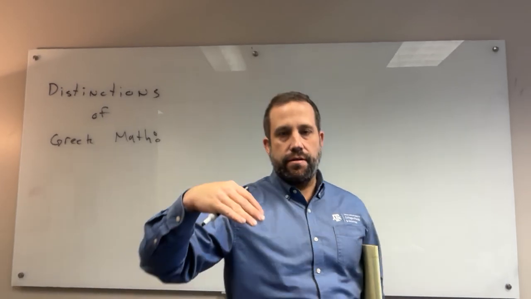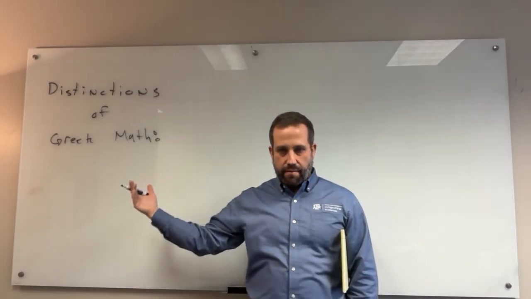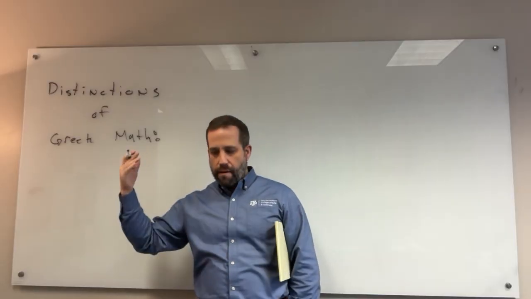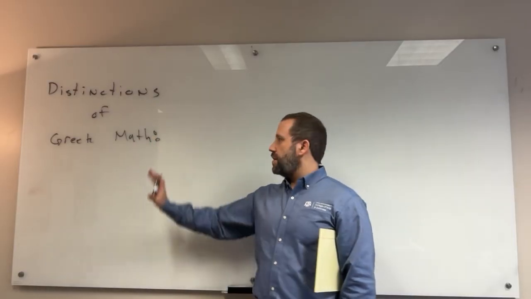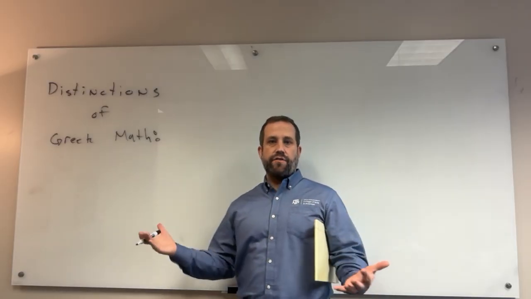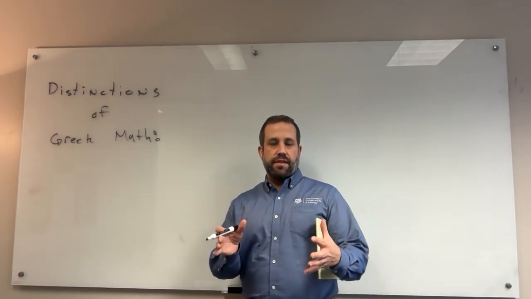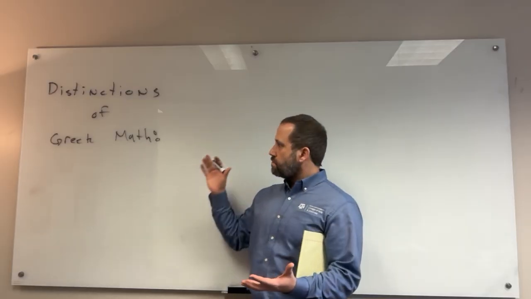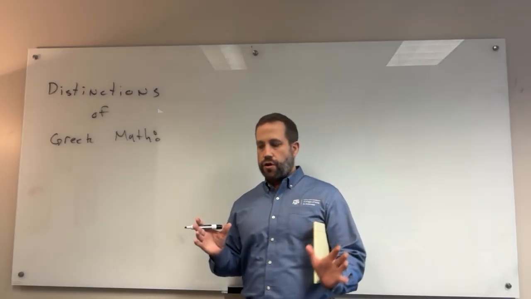They used Egyptian mathematics, mathematics from all over the world. In particular, Egyptian mathematics and Babylonian mathematics, they were influenced by in terms of the facts that they possessed. But Greek mathematics took a slightly different turn.